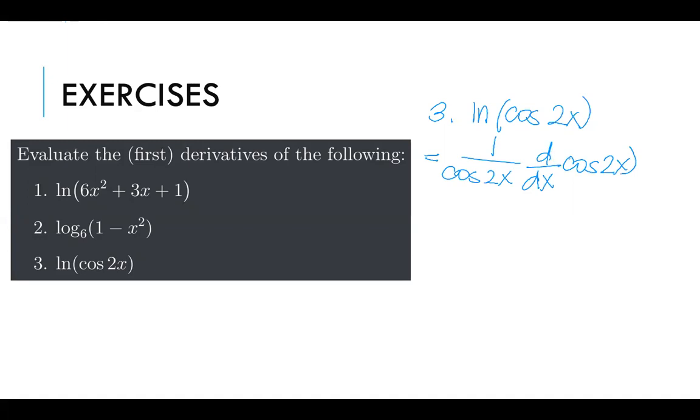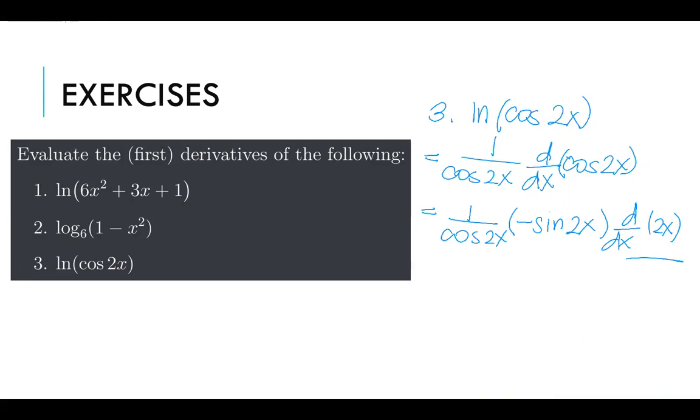Then we will use the derivative of trigonometric function. So when we differentiate this one, we get negative sine 2x. Then the derivative of the inside function of cosine 2x, which is 2x, is simply 2.